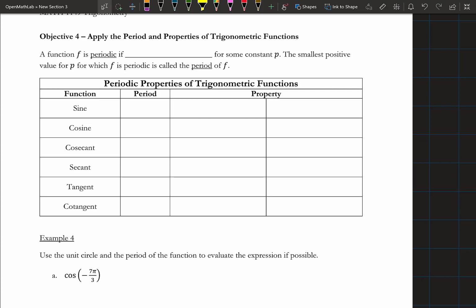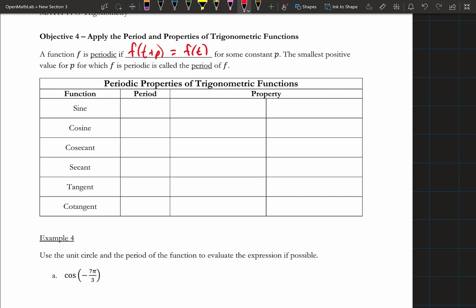All right, so now we're ready to look at the last objective in the section, objective 4. What we want to be able to do is apply the period and properties of trigonometric functions. First, I have a definition of what a periodic function is. A function f is periodic if f of t plus p is equal to f of t for some constant p. The smallest positive value for p for which f is periodic is called the period of f.